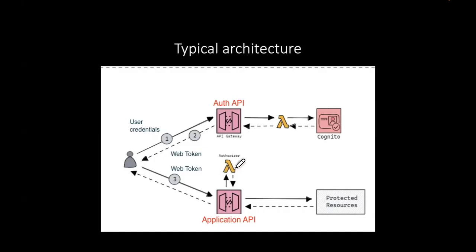Now, I am missing one line. The authorizer does talk to Cognito, because clearly it's really Cognito that's doing the validation of the token. So there should be a connecting line there. And if Cognito is happy that the token is valid, then the way we get the Lambda to tell Gateway that this token is okay is by means of an IAM policy.